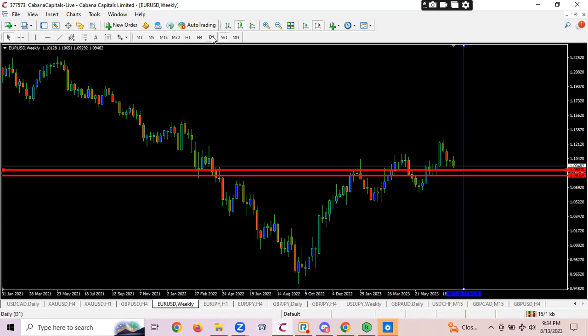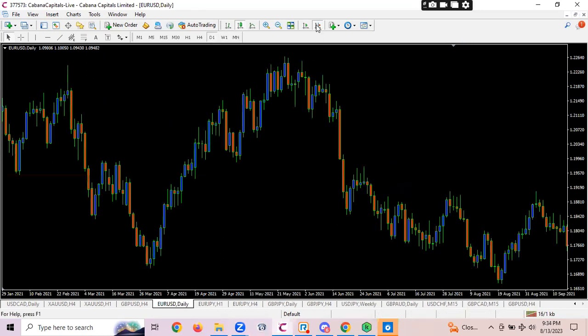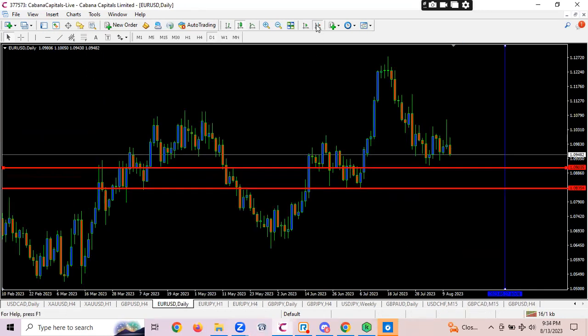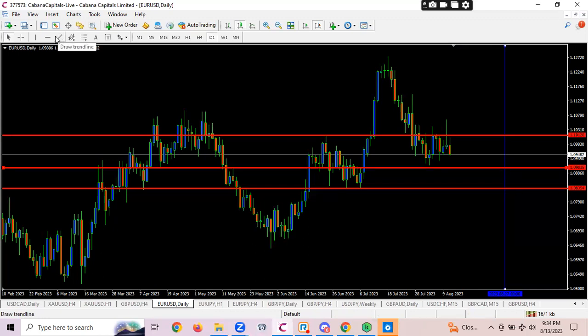Okay, so let's go down to daily. What do we have here on daily? Last week, this was our resistance. We also had a resistance at this level.